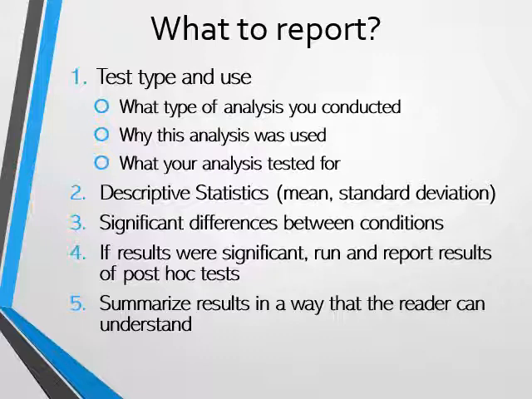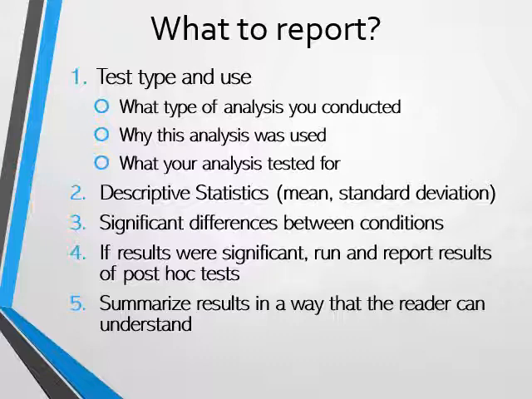What should you report? First, the type of analysis that you conducted, why this analysis was used, and what your analysis actually tested for. Next, you want to include any descriptive statistics, like your means or standard deviations. Then, you want to highlight the significant differences between conditions once you've actually run your ANOVA analysis.